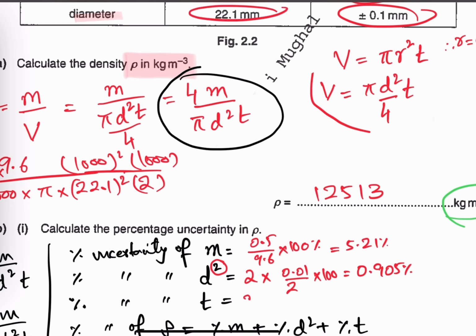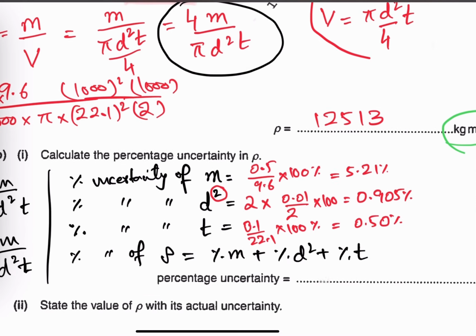It's 0.1 divided by 22.1 multiplied by 100%. This will give you 0.50%. So adding all of these three values, you get 6.6%. So 6.6% is the answer.